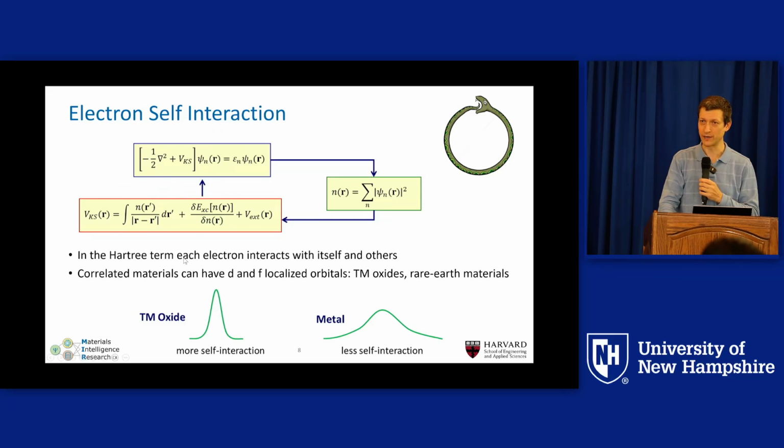Or you bring back ideas from Hartree-Fock and try to get exact exchange to cancel your self-interaction, because if you remember, in Hartree-Fock on the one-electron level, your exact exchange is exactly canceling the self-interaction for one electron, and that's nice.